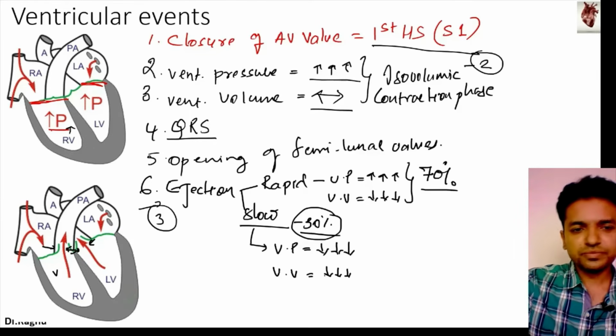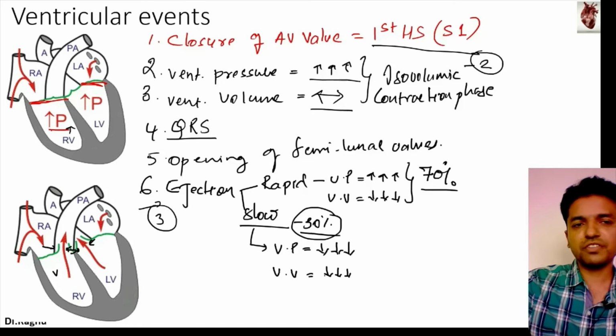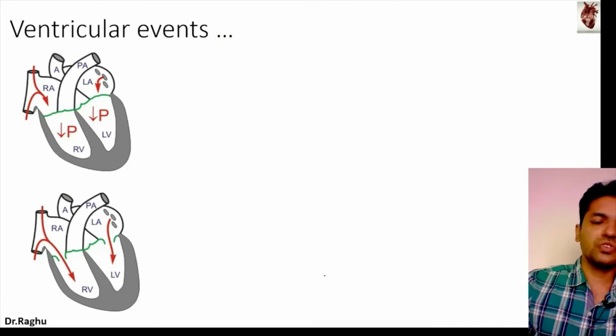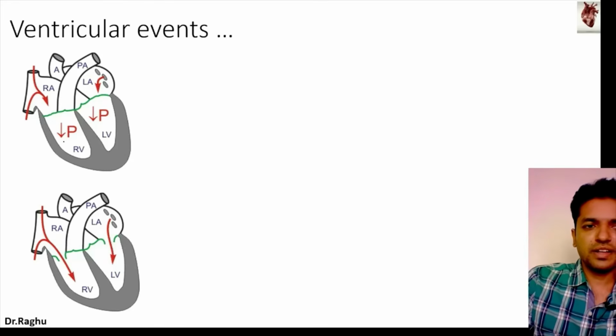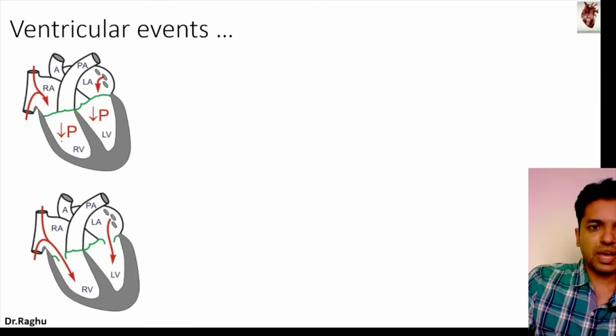Okay. Now after the ventricular systole, there is going to be a ventricular diastole. After the rapid ejection phase, the blood from the ventricles is pumped into the big arteries. Now the pressure inside the ventricles begins to fall, and the pressure inside the pulmonary artery as well as the aorta is very high.